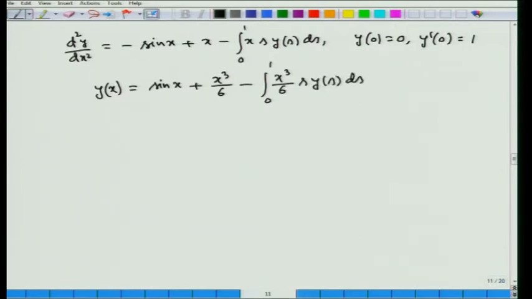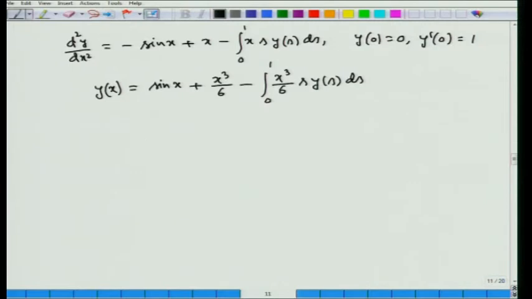This result we have obtained using the conditions y(0) equal to 0 and y dot(0) equal to 1. Now, this equation is nothing but a Fredholm integral equation of second kind, an inhomogeneous Fredholm integral equation.